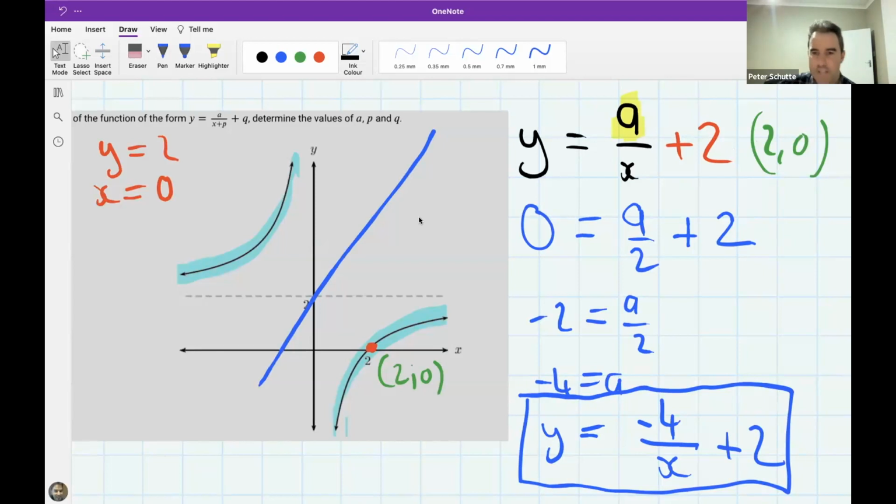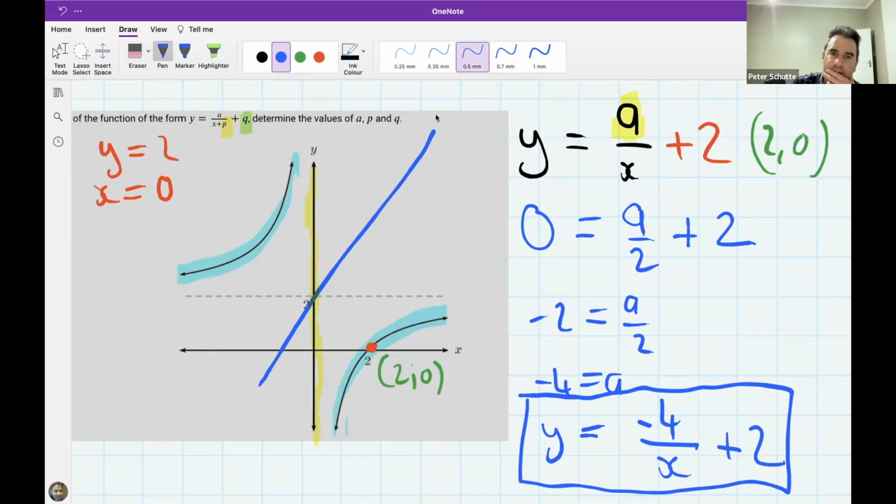No, it wouldn't. Because in this case, the reason is, Michaela, that this asymptote hasn't moved at all. So in this case, p is 0. p is actually 0 because it's just stayed exactly where it is. The only one that's moved is q, and it's moved from here up to here. So it's gone up by 2 units. So I hope that helps a bit, Michaela.